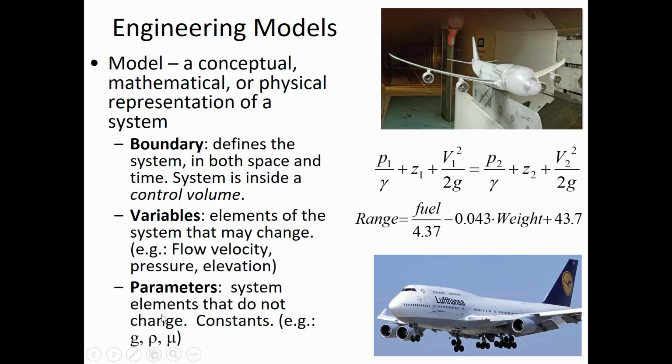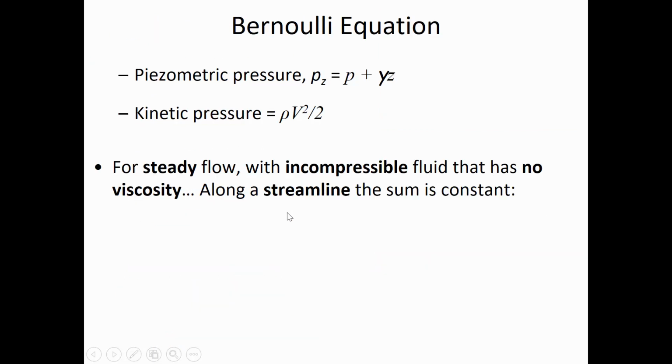So the parameters in a model would be the unit weight of the fluid, as long as we're talking about a constant temperature, and gravitational acceleration, as long as we're talking about the same planet at roughly the same elevation, because gravity does vary slightly over the surface of the Earth. But since we're talking about Bernoulli's equation, which is a model for predicting pressure change, I thought I'd tie it into the things that are discussed in the book in terms of engineering and models.